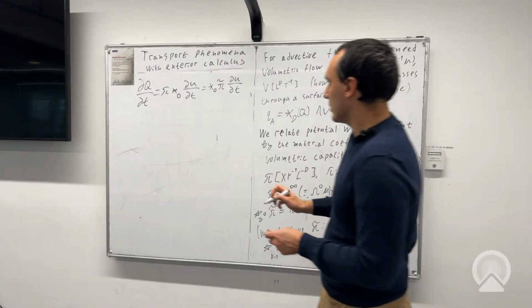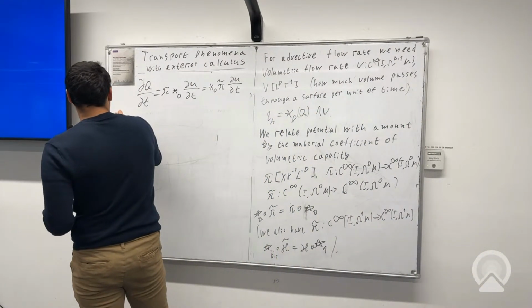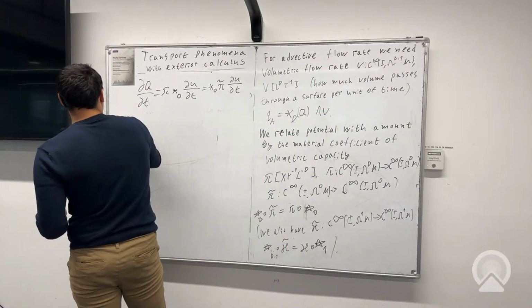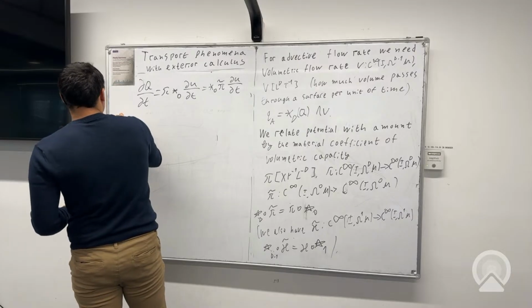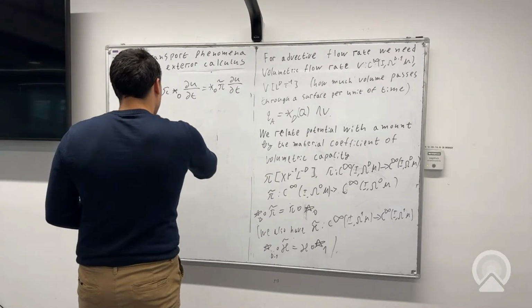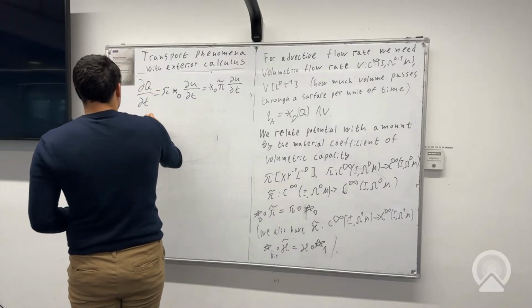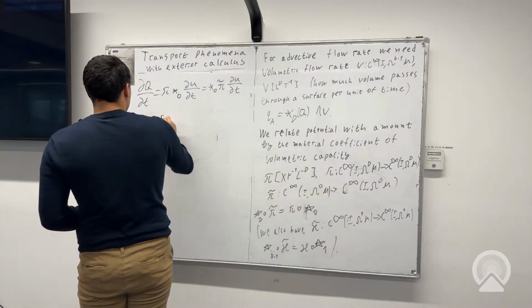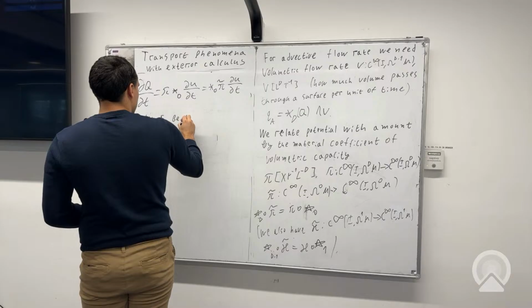And finally, let gamma d be the other part of the boundary.